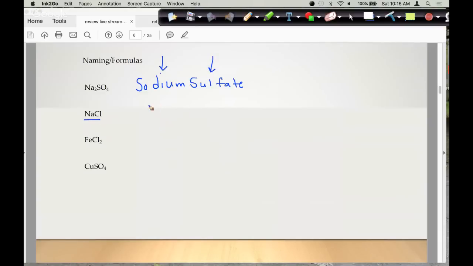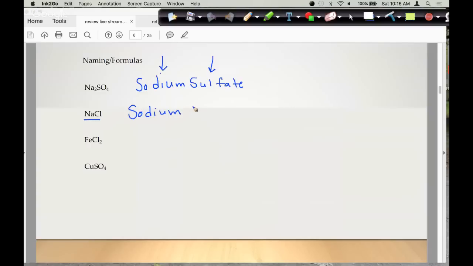For an ionic compound that just has a simple metal with a nonmetal, we're going to say the name of the metal, which, remember, if you don't know the names of your elements, you're going to look on table S. Table S has names, atomic numbers, symbols, a whole bunch of other information.